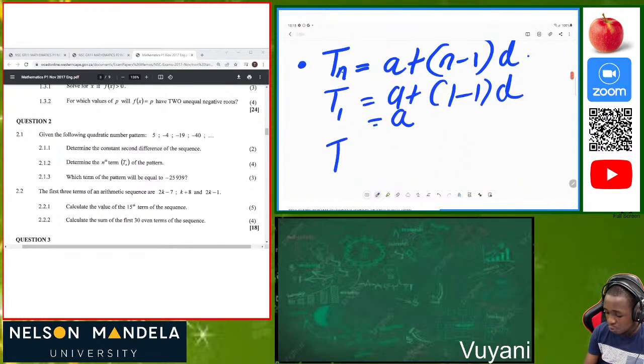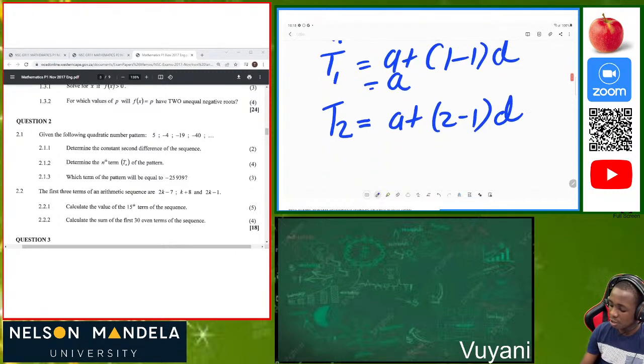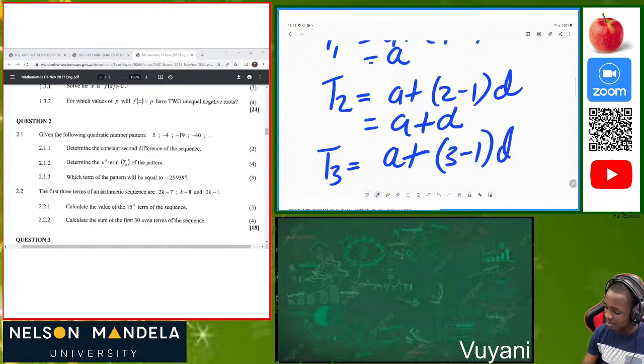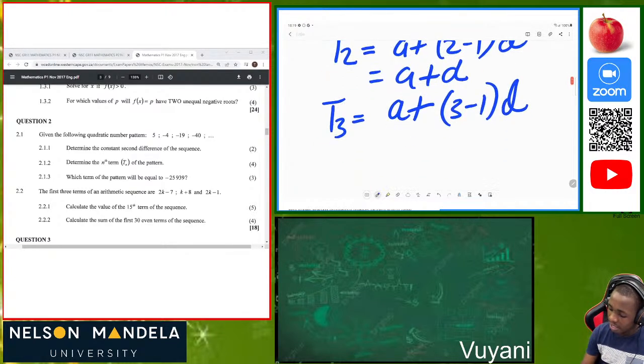Now we want term 2, your term 2 will be a plus 2 minus 1 times d. Then you end up having a plus d. T number 3 will be equal to a plus 3 minus 1 times d. Then we end up having a plus 2d, and so forth.